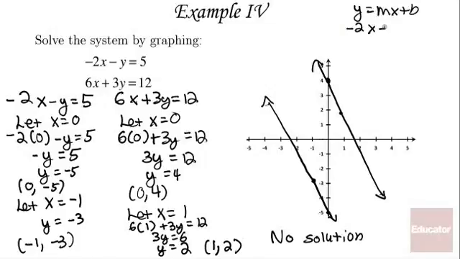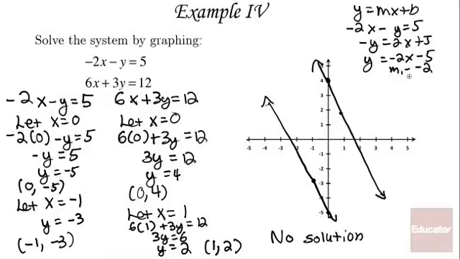So for the first one, negative 2x minus y equals 5, what I need to do is move the 2x to the other side and multiply by negative 1, and I'm going to find that y equals minus 2x minus 5. So the slope of this first line is negative 2.